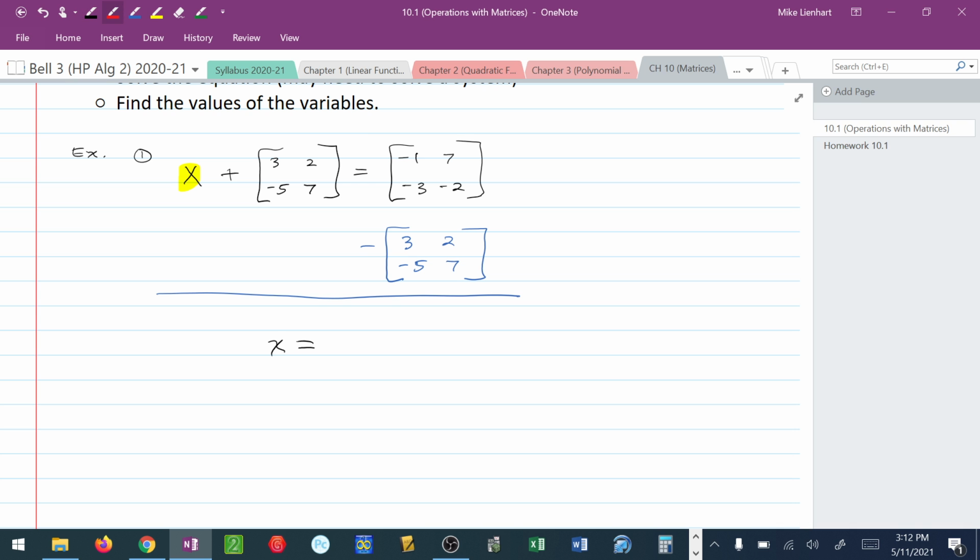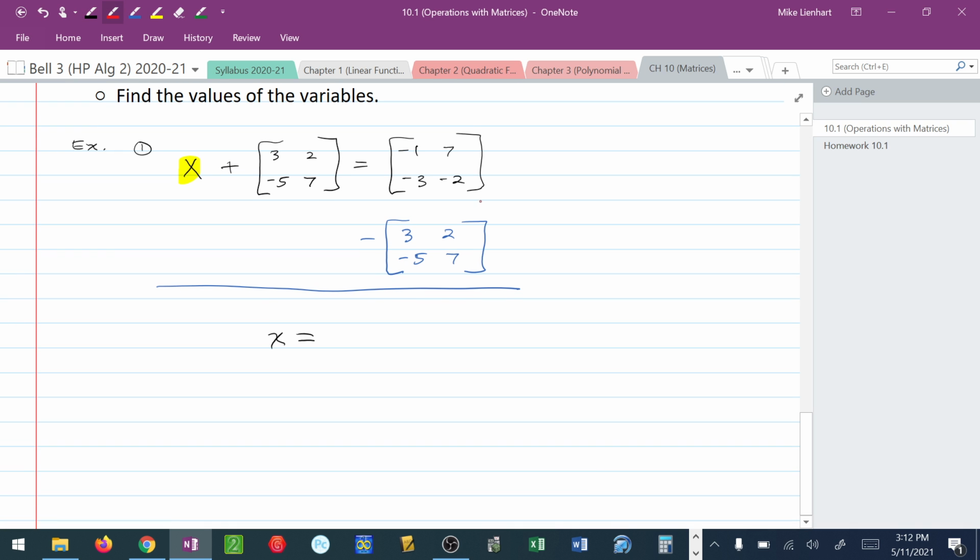That's going to leave me with what x is equal to. Now I have to ask myself, can I do it? Well, I have a 2 by 2 and a 2 by 2. Can I subtract 2 2 by 2s? Yes. So I'm going to do that, and now I have to pay attention to each element one at a time. -1 minus 3 would give me -4. 7 minus 2 would give me 5. -3 minus -5 would be 2. -2 minus 7 would be -9.